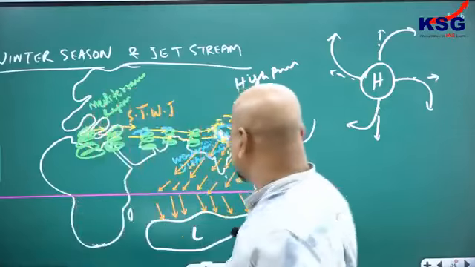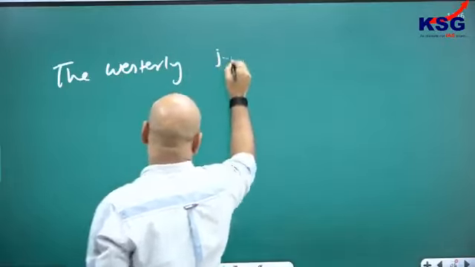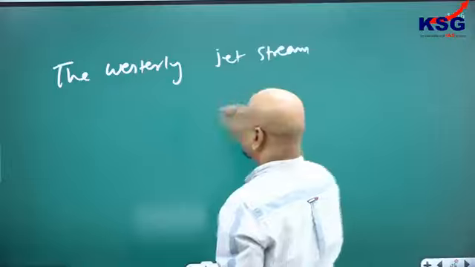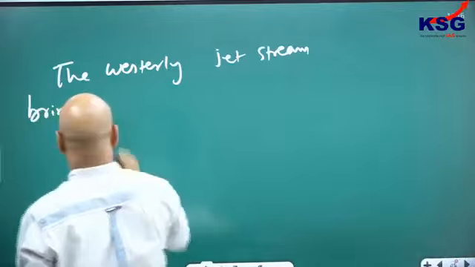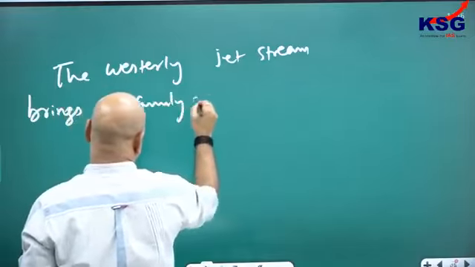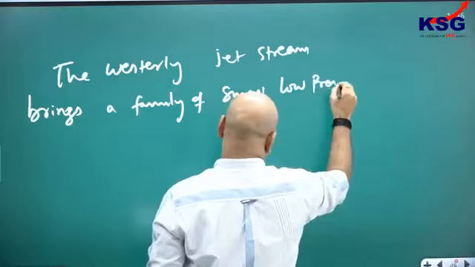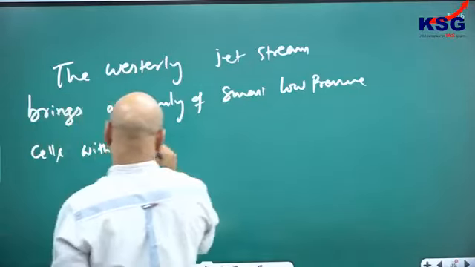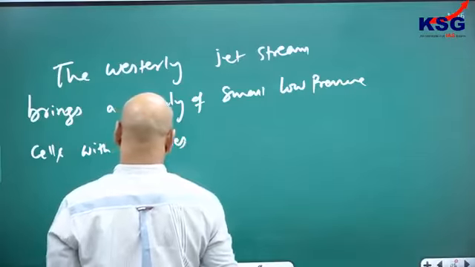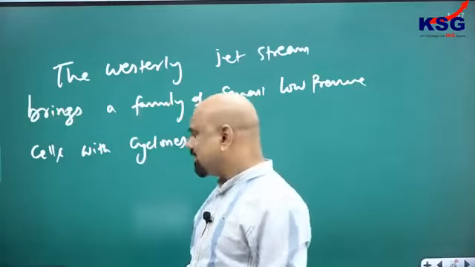Again, you can note down here: the westerly jet stream brings a family of small low pressure cells with cyclones. लो प्रेशर सेल्स विथ साइक्लोन्स, एक नहीं दो नहीं बहुत सारे आते हैं.